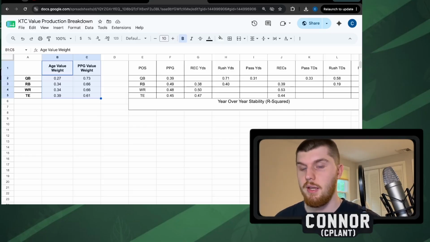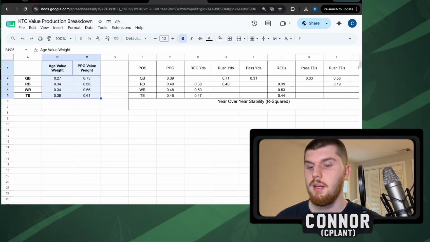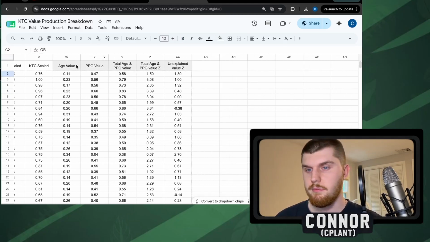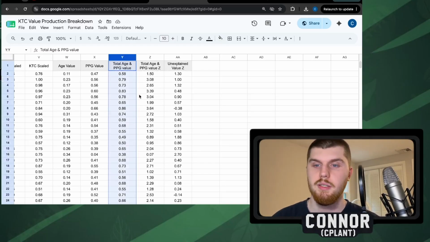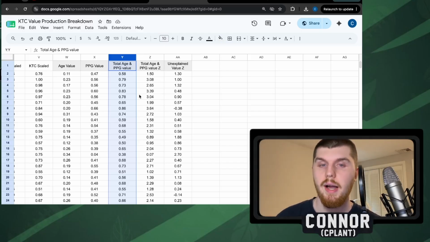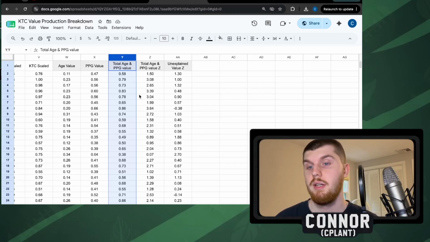And it makes intuitive sense, right? And so I found out roughly what their total age and points per game value was, and that's obviously not their entire Dynasty value, but it's the majority of it. It's like 70 to 75% of it, right?